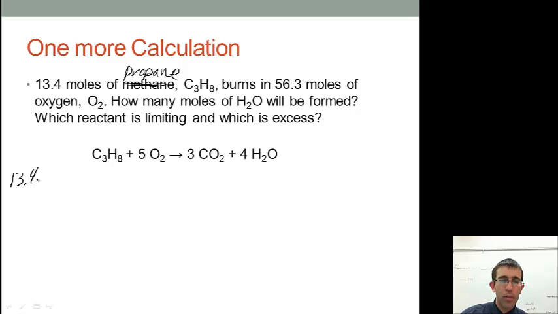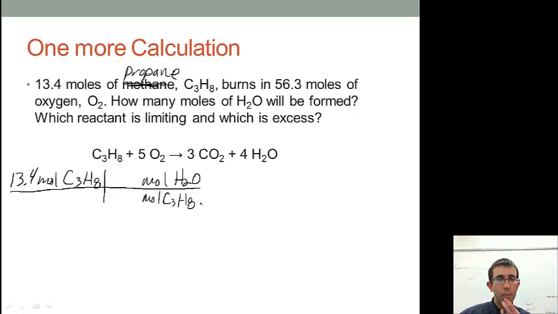So 13.4 moles of propane. I want to cancel out moles of propane, and we're going to go to moles of H2O. Okay, mole and mole together.